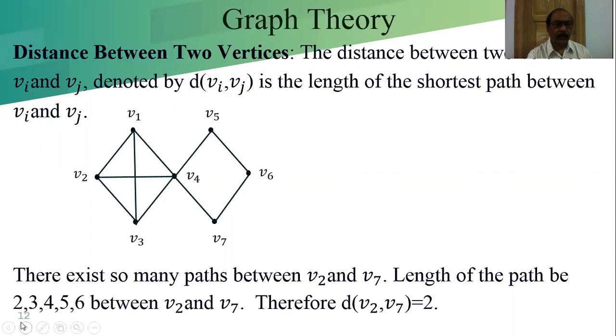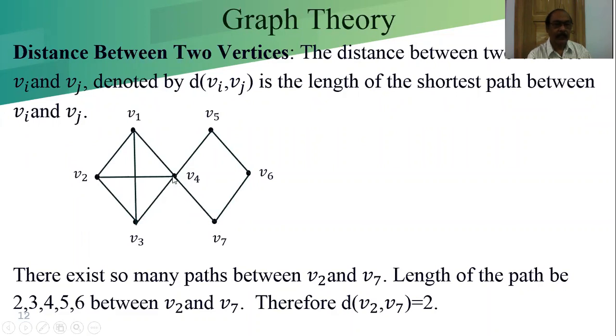Now, if we consider the distance between two vertices, there exist many paths between V2 and V7. If we consider this way, this and this, the length of the path is 2. If we consider this way, and this way, in both cases the length is 3.